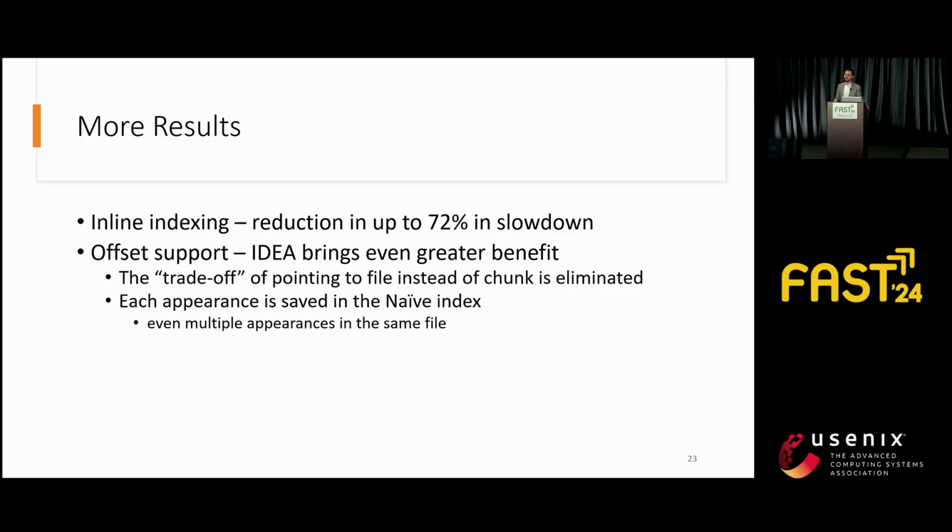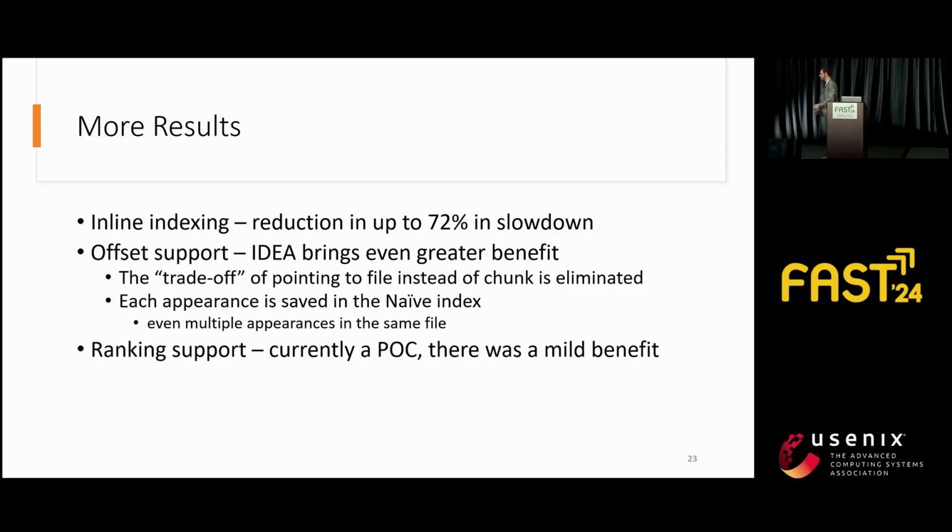So having the term appear multiple times actually increased both the index size and the lookup times. And we also supported ranking mostly as a proof of concept, and we wanted to show that it is expandable, and we did. There was a benefit from our approach there, but there's more work to be done. The details, of course, are in the paper.